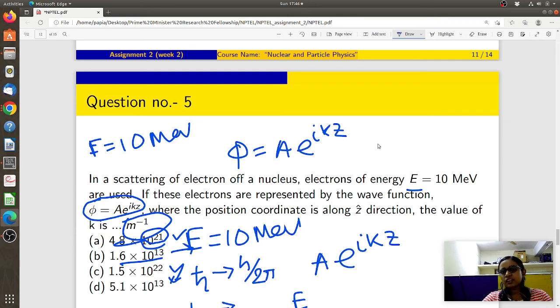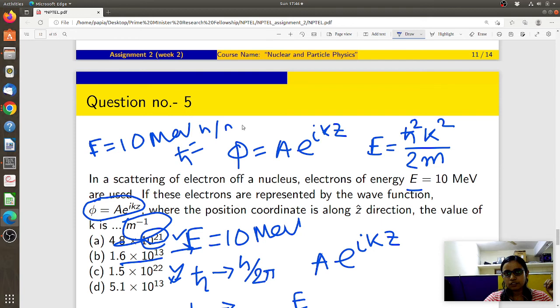For the plane wave, it has a very simple relation between energy and momentum. The relation is E equals h bar square k square divided by 2m. Here h bar is nothing but the reduced Planck constant, which is known as h by 2 pi.